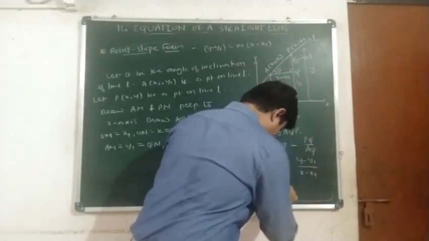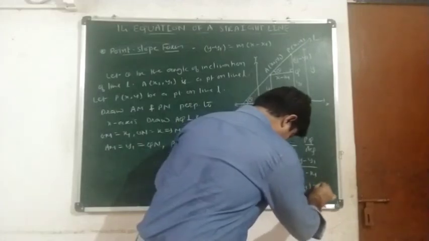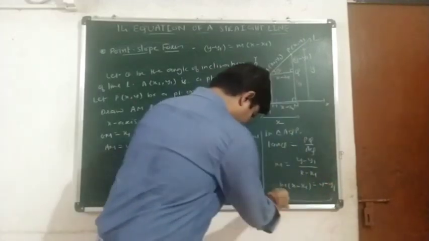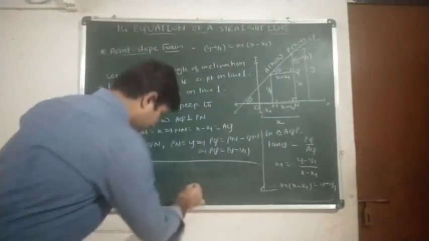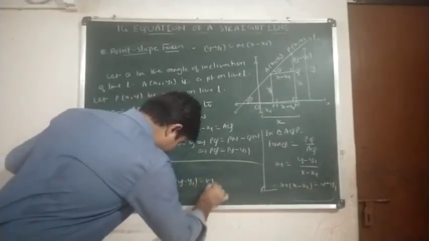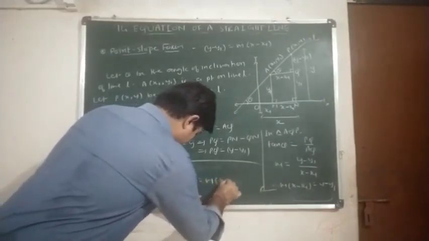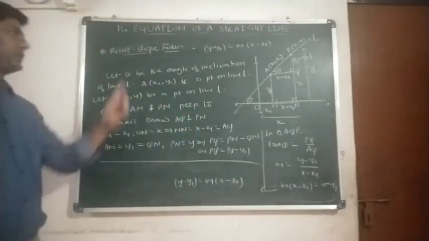Multiplying, m into x minus x1 is equal to y minus y1, or finally we get the formula y minus y1 is equal to m into x minus x1, which is called the point slope form.